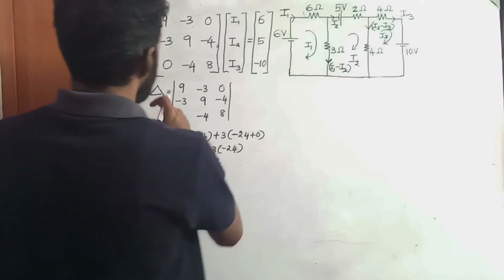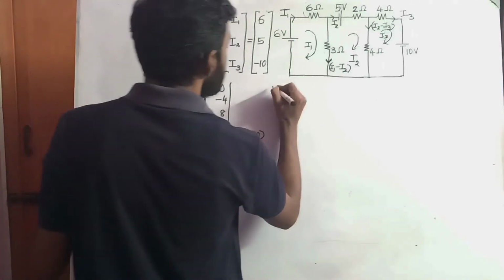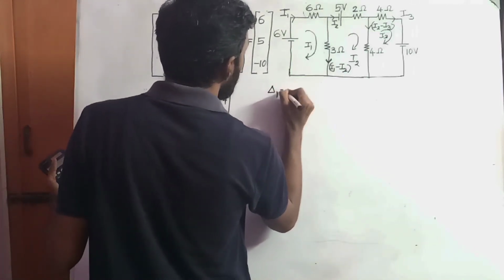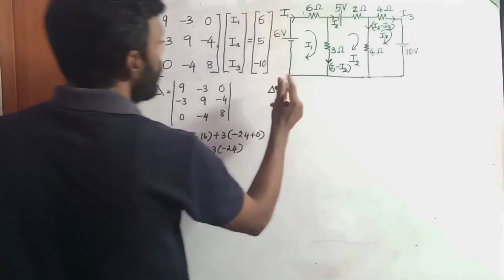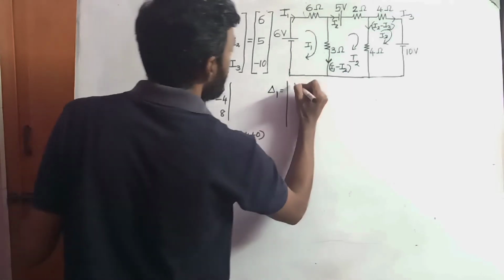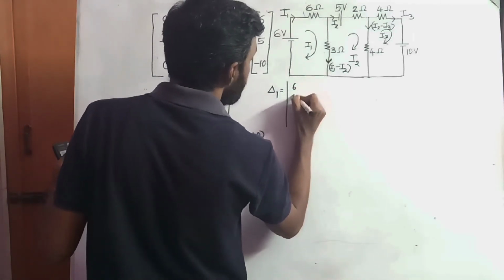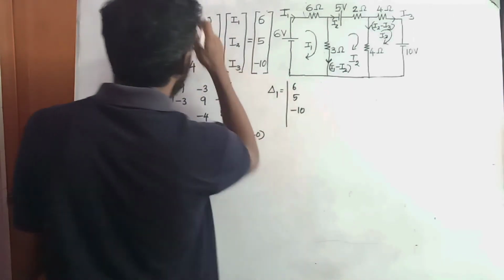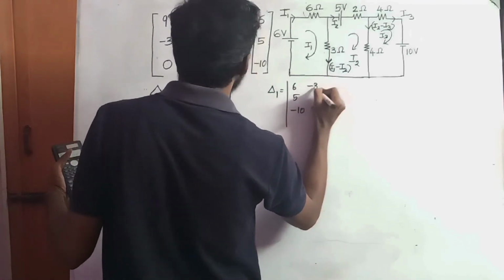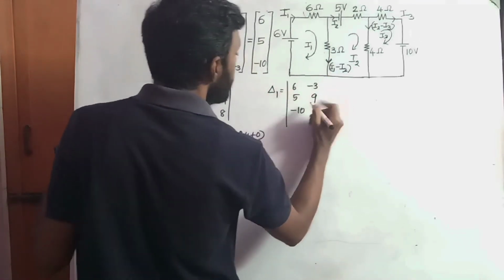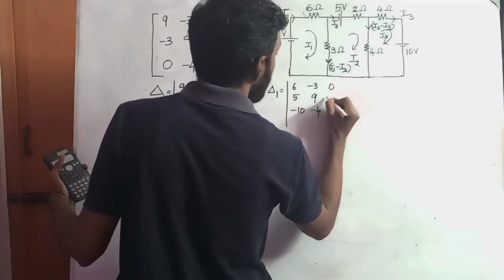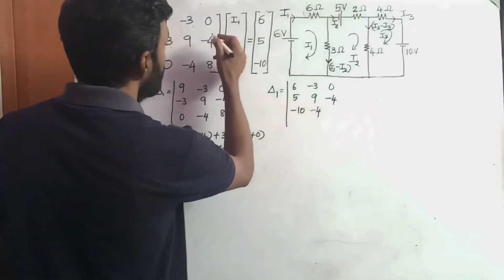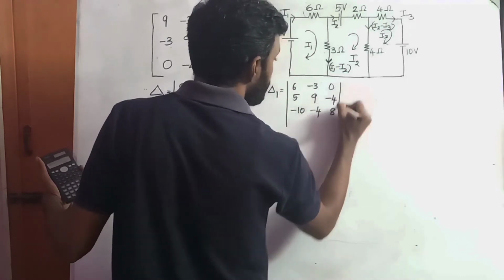Delta 1 is equal to the determinant where we substitute the values in the first column. So it will be 6, 5, minus 10, followed by minus 3, 9, minus 4, and 0, minus 4, 8.